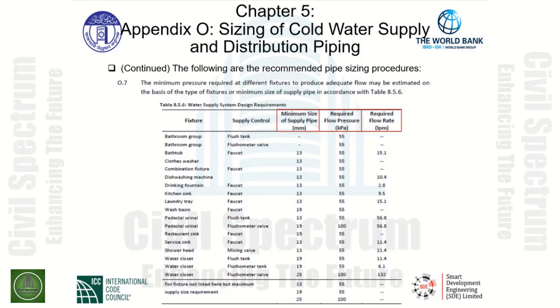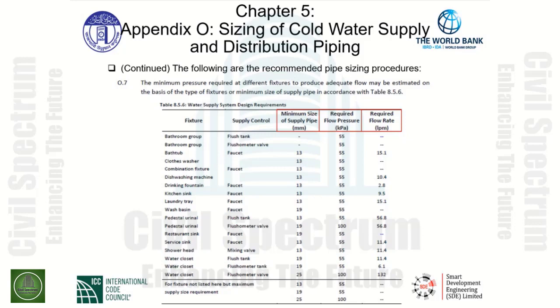As an example, a kitchen sink. A kitchen sink is indicated as the fixture. The supply control is a faucet. The minimum pipe supply must be not less than 13 millimeters.